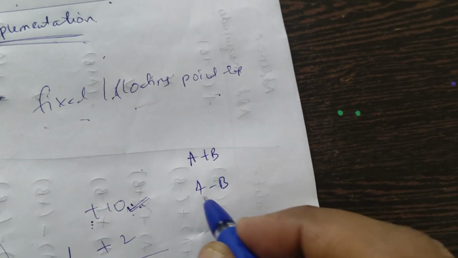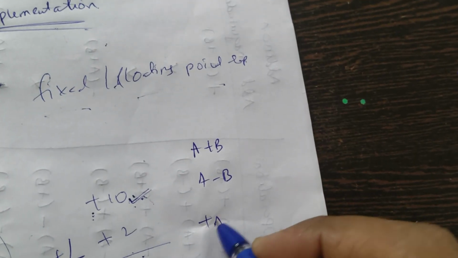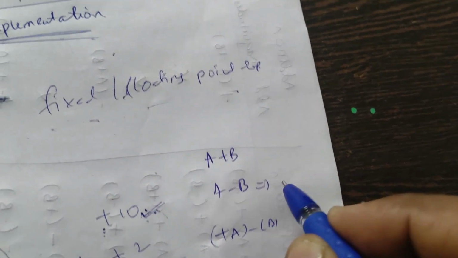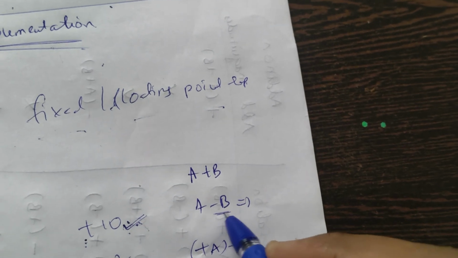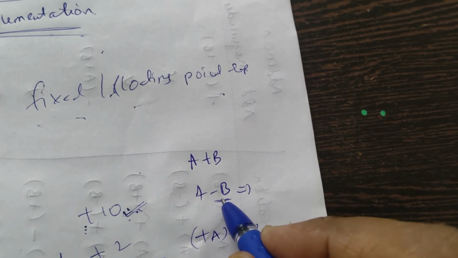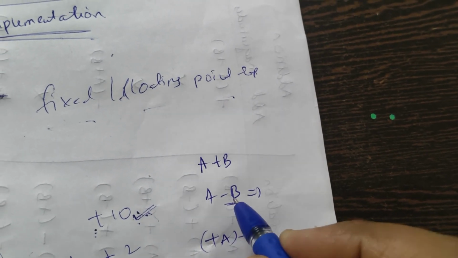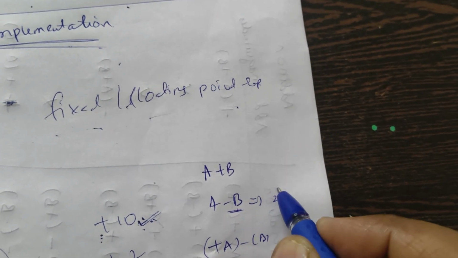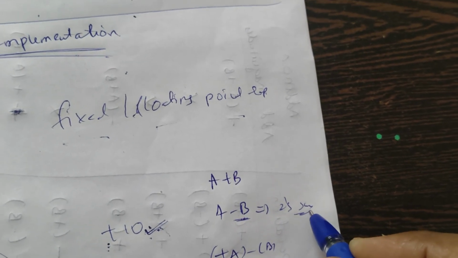In order to perform the subtraction operation, we simply take the one's complement of the subtrahend value and add 1 to it, which is the 2's complement of the subtrahend.